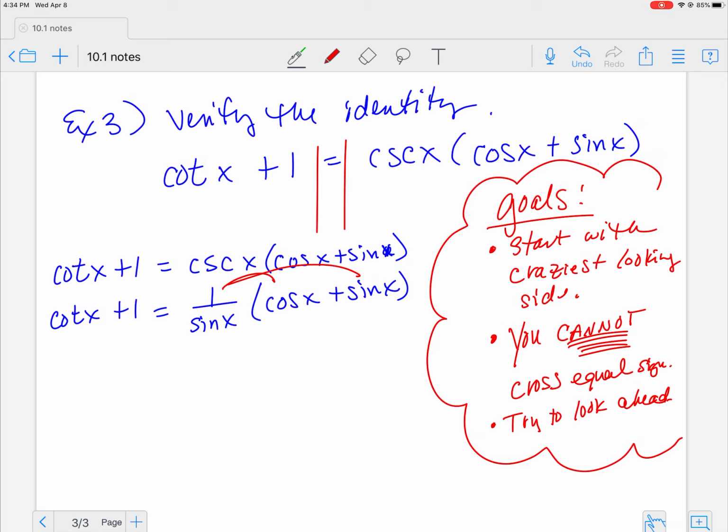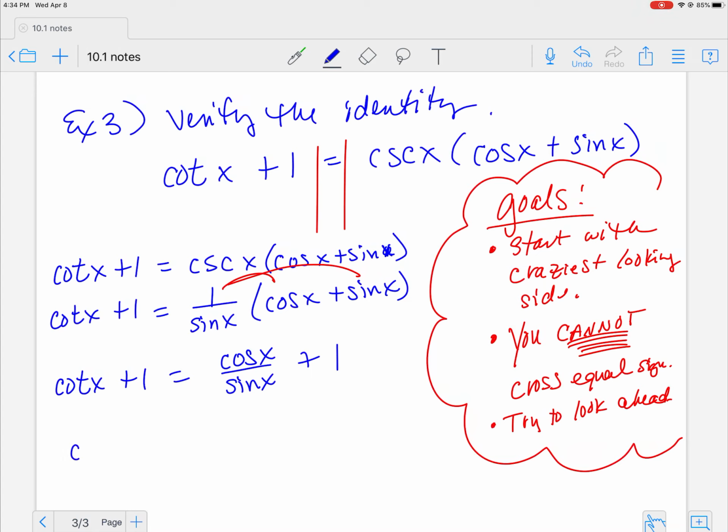The other big thing here is try to look at least one step ahead. Try to look ahead, okay? It's just going to take practice, you guys. This is our first one. Sine times 1 over sine gives you cosine over sine.